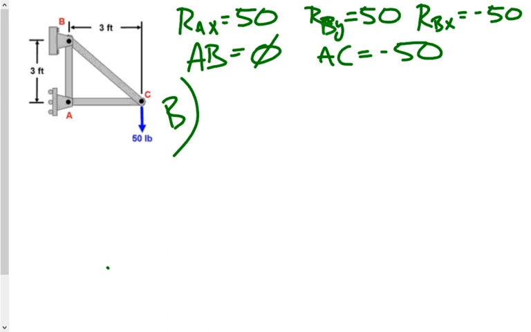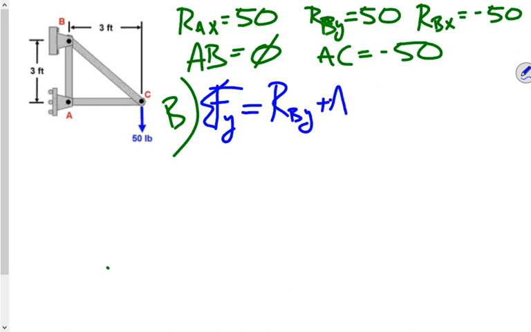All right, joint B, let's do sum of the forces in the Y direction. What forces do we have in the Y direction? RBY. What else do we have? Even if it's equal to 0, we still have AB. Okay?